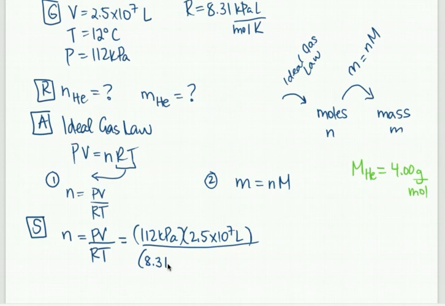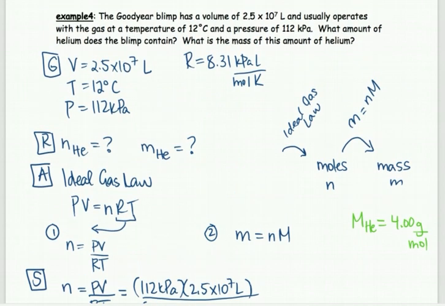Hopefully now that we've completed several of these examples, you have the units memorized, but when in doubt, it is on the back of the formula sheet. And then temperature. Oh, we're not in kelvins yet, so let's add our conversion here, and we'll get to 285.15.